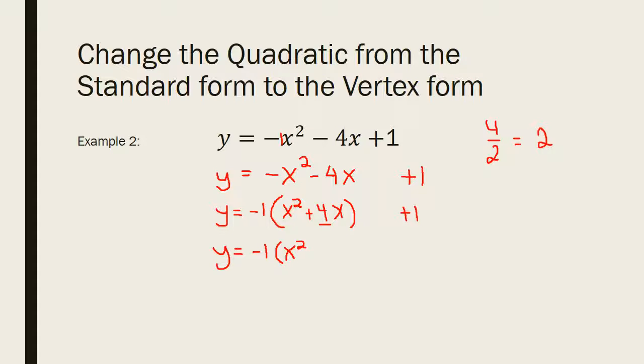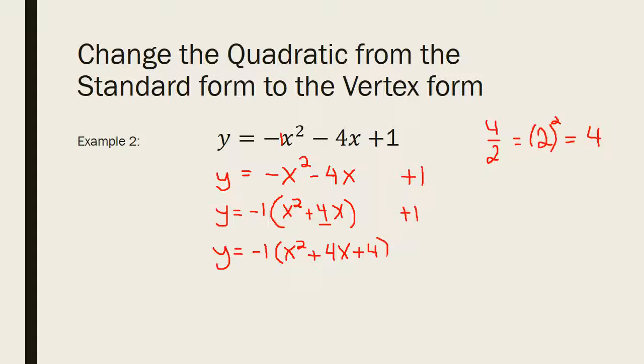Then I'm going to square that number. 2 squared is 4. So all I need to do to have a perfect square is to add 4 to x squared plus 4x. So I'm adding a 4 here in the parentheses.